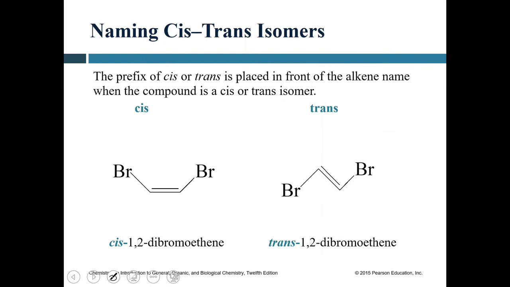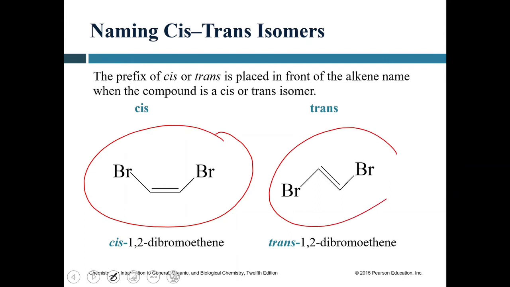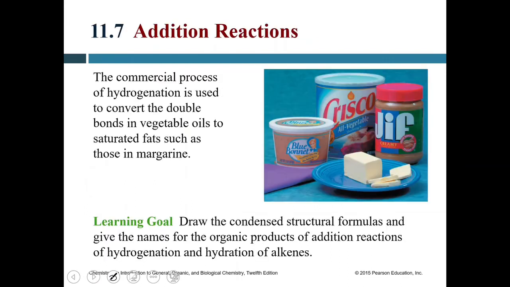So when you name such geometric isomers of alkenes, for instance, you put the prefix cis or trans in front of the alkene name. So this will be cis-1,2-dibromoethene, and this will be trans-1,2-dibromoethene.